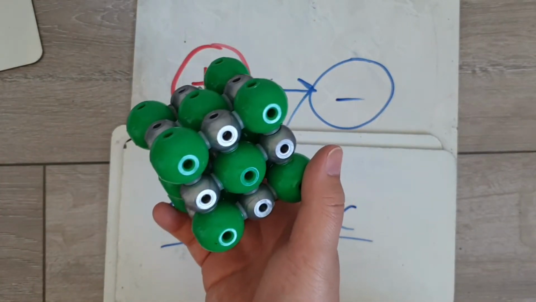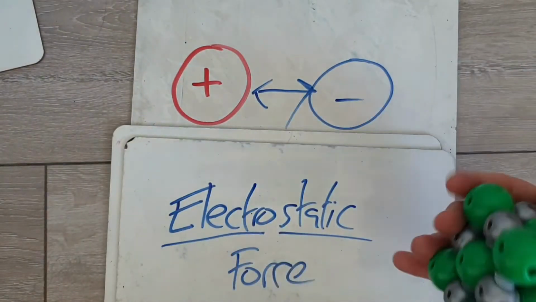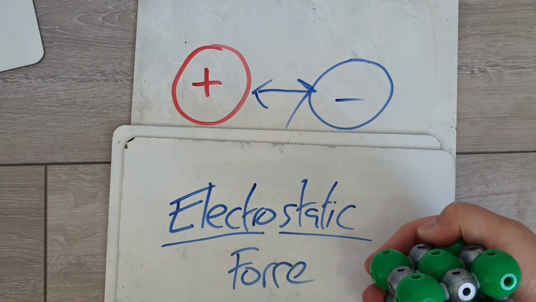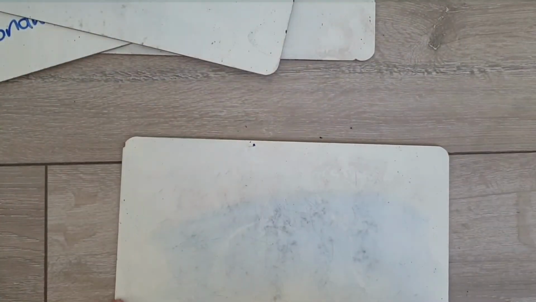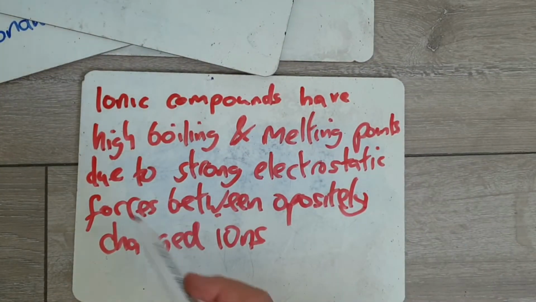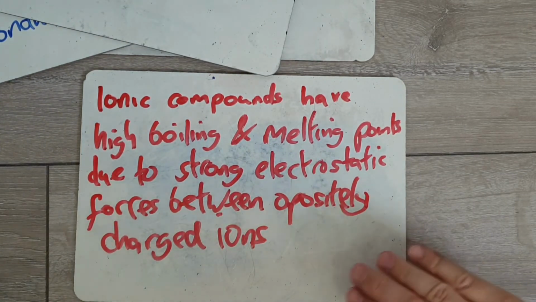Ionic compounds have incredibly high boiling and melting points because they're held together by strong electrostatic forces between oppositely charged ions. And I'll write that out. So ionic compounds have high boiling and melting points due to strong electrostatic forces between oppositely charged ions.